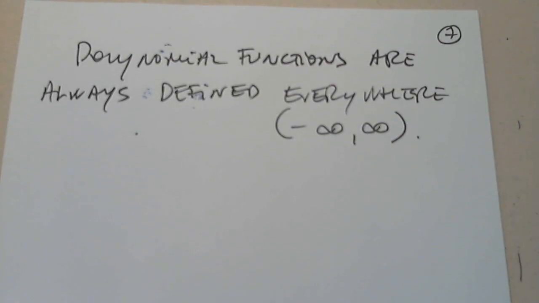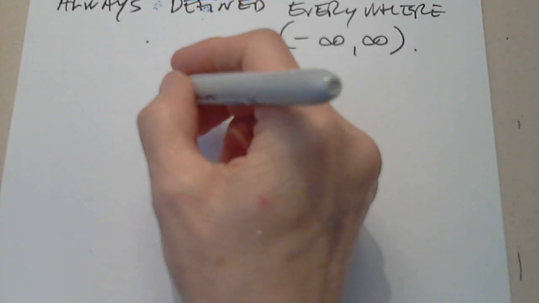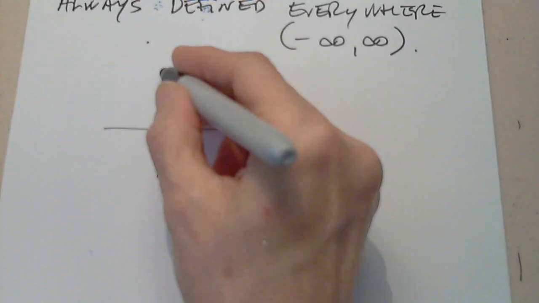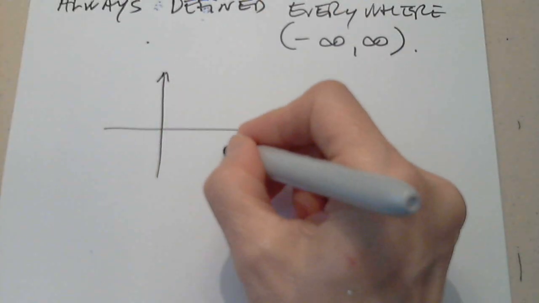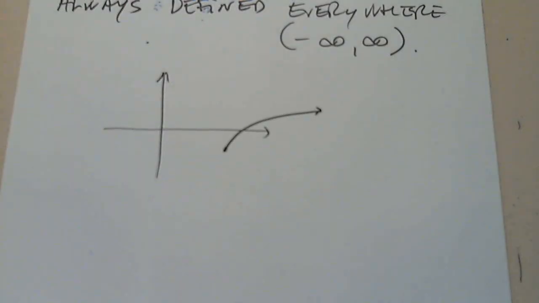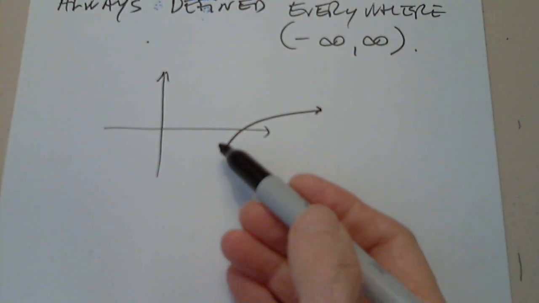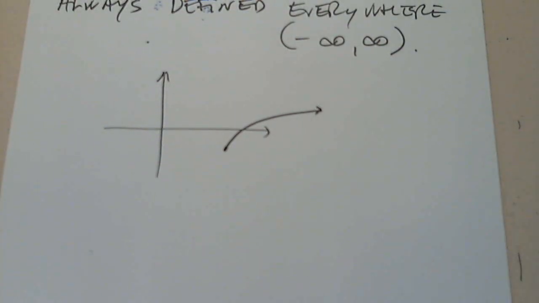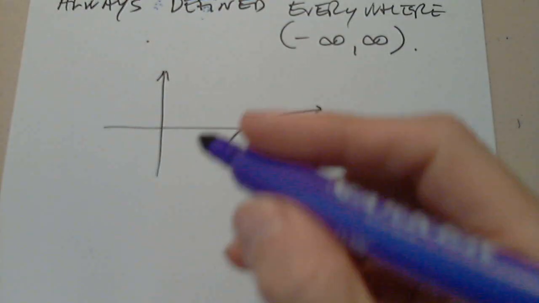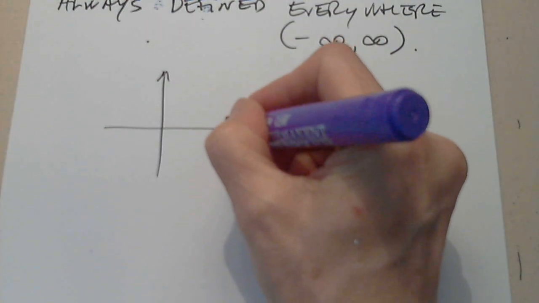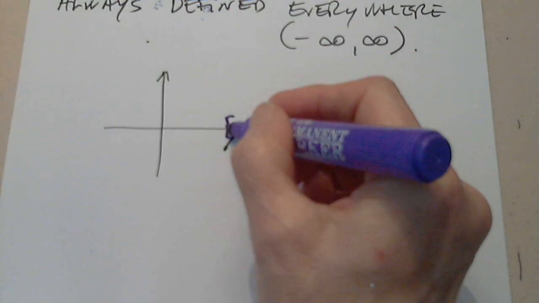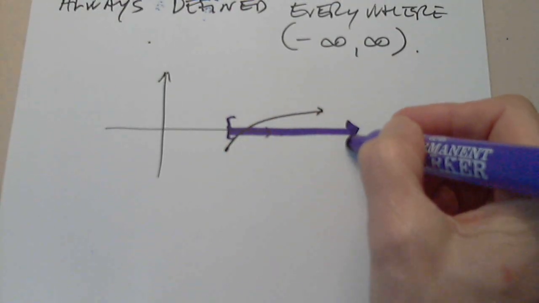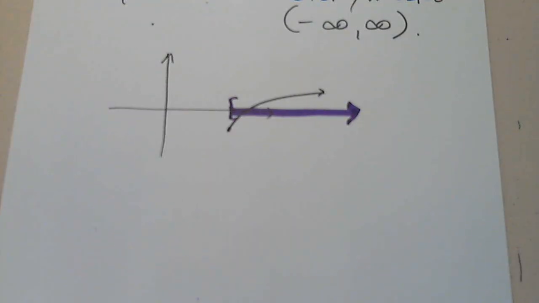The domain starts at the leftmost point and goes to the rightmost point. So I'm going to mimic this graph here, and we're going to read from the graph, not from my graph. The domain of this function starts at this point, which is the leftmost point, and it goes all the way to infinity.